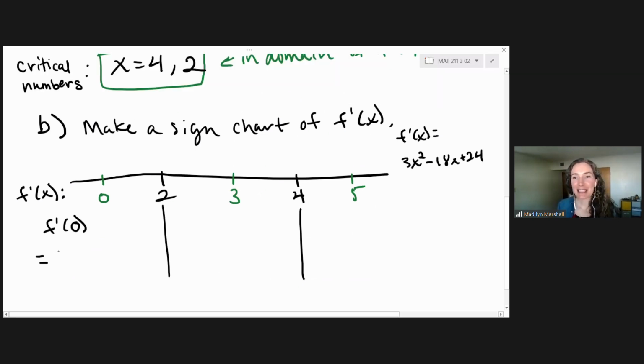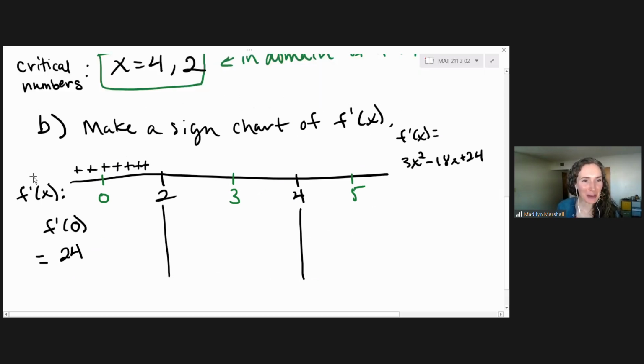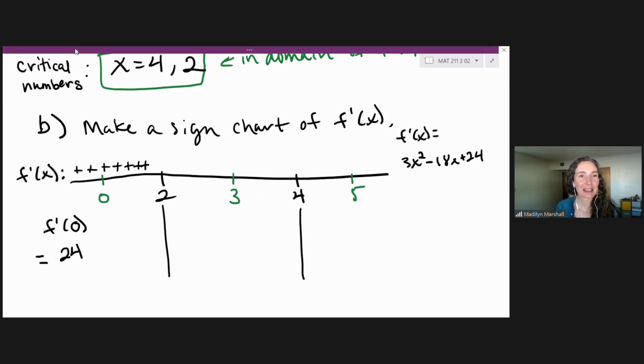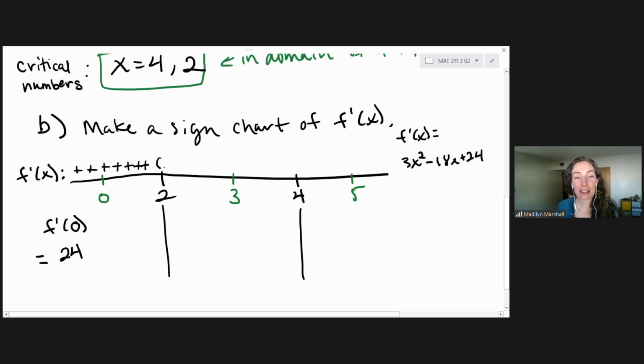If we plug 0 in there, we're just going to get 24. That was a good one to use. And that's a positive, so that means this whole section is positive. I'm just going to move this f prime of x up so it actually matches the signs. There we go. F prime is 0 at 2.